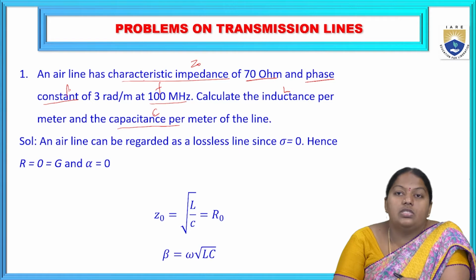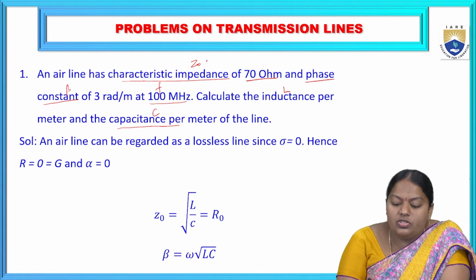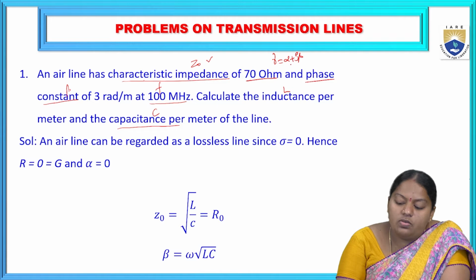Here the characteristic impedance Z0 and the phase constant are given. As we know, gamma equals alpha plus j beta, and if alpha equals 0, the propagation constant gamma constitutes only the phase constant beta.